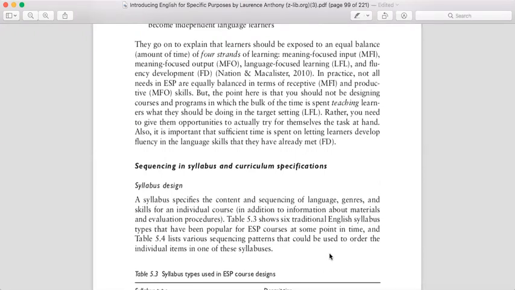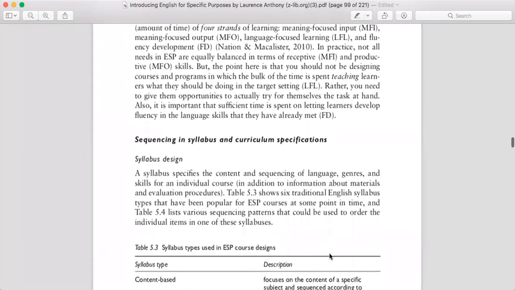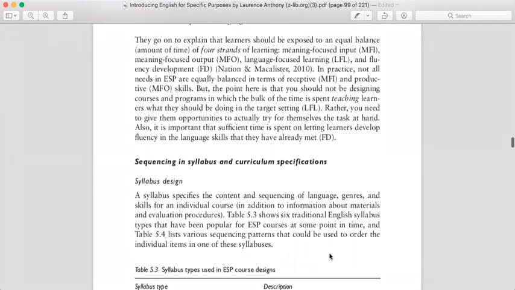Now as far as English language teaching is concerned, there are basically six traditional English syllabuses or syllabi, right? Why do we have different syllabuses? Because the focus changes, or the goal of each syllabus is different from the other. And again, I would recall the methods.